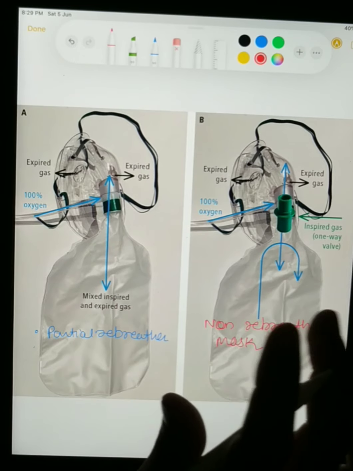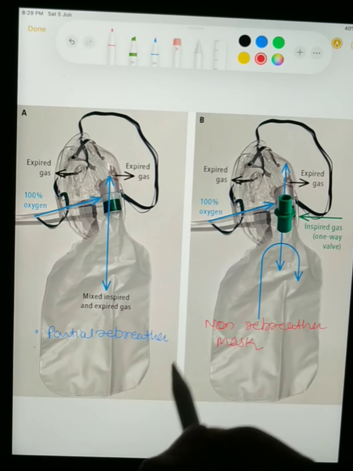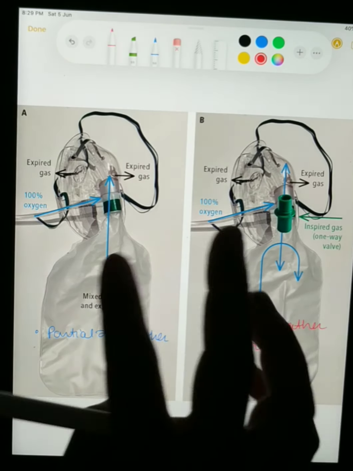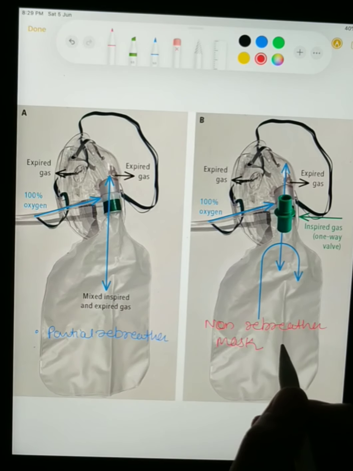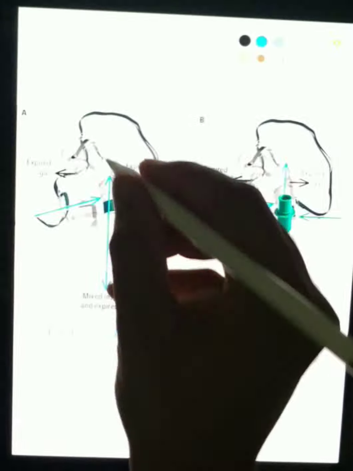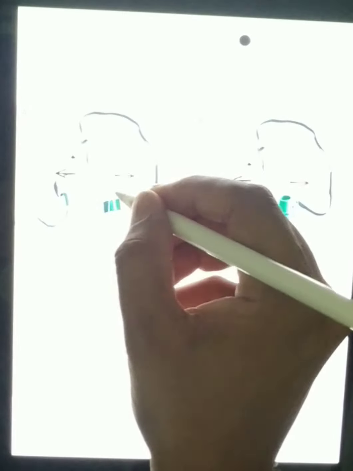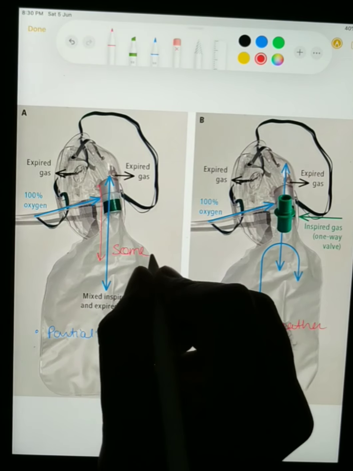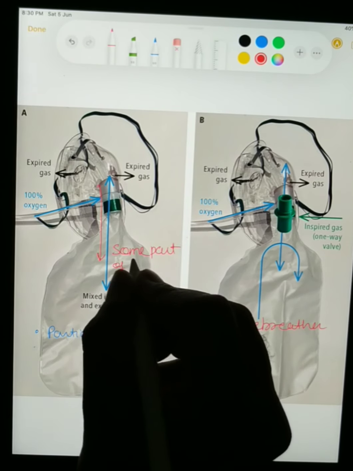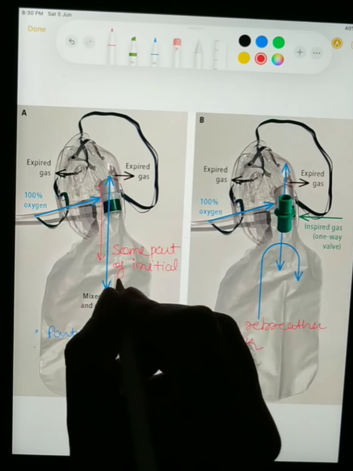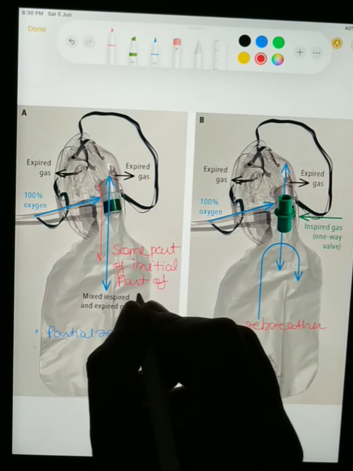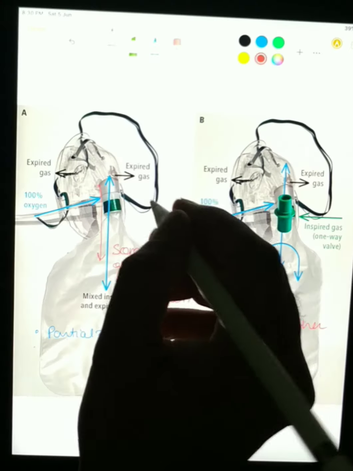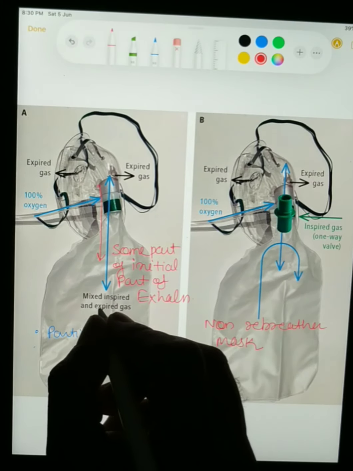So in a rebreather mask there is a reservoir bag which reserves the oxygen or air. So what is the difference between the partial rebreather and non-rebreather mask? In a partial rebreather mask, when we exhale, some amount of the initial part of the exhaled gas reaches the reservoir bag.